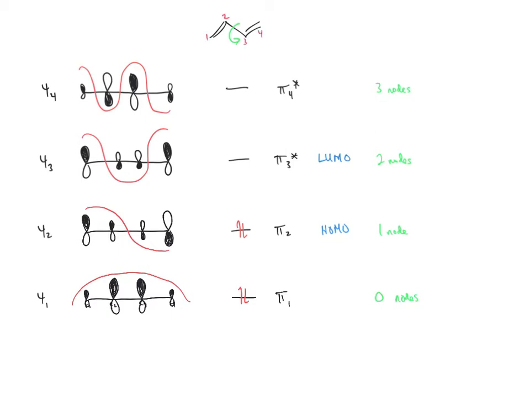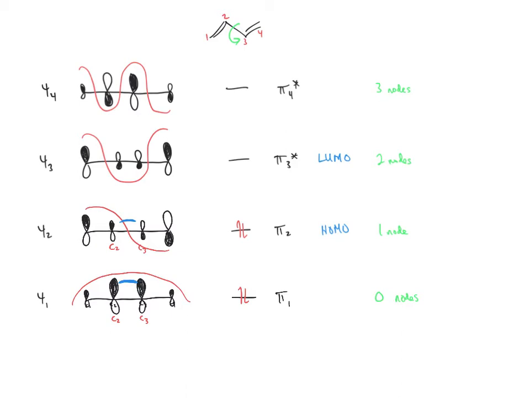All right, so let's take a look at C2 and C3. So here's C2 and C3 in psi1. Here's C2 and C3 in psi2. Okay, so there's a strong bonding interaction between C2 and C3 in psi1, and there's an antibonding interaction between C2 and C3 in psi2.